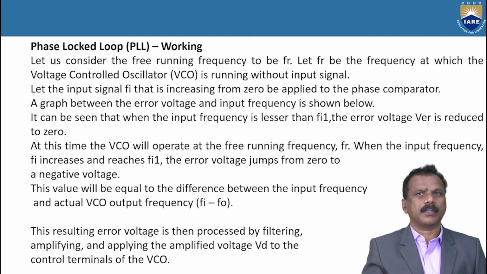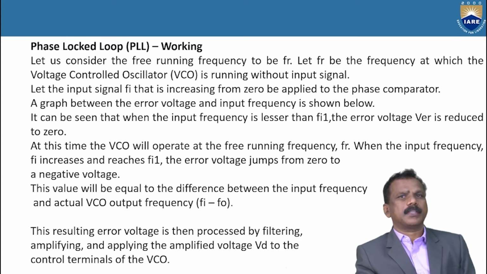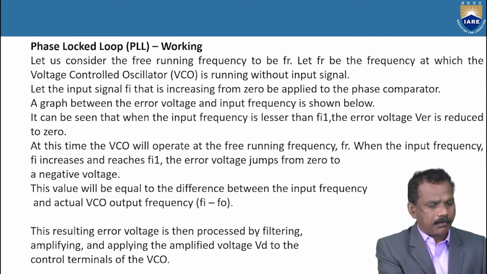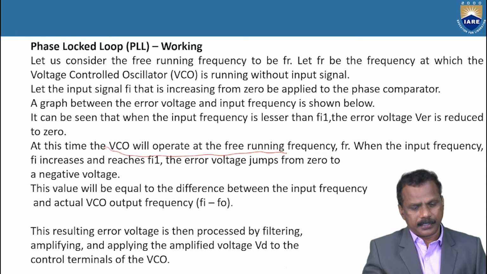It can be seen that when the input frequency is lesser than Fi1, the error voltage VER is reduced to 0. At this time, the VCO will operate at the free running frequency FR.